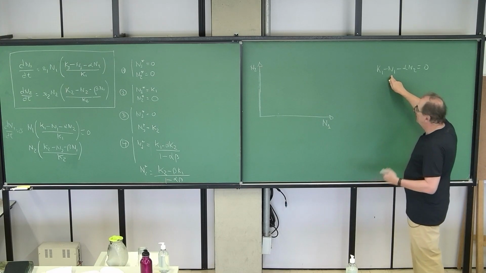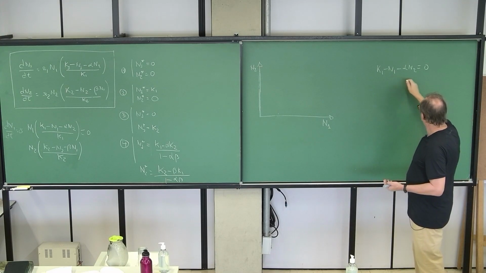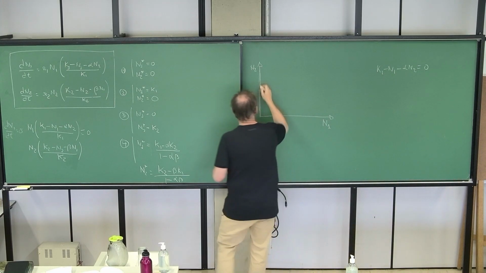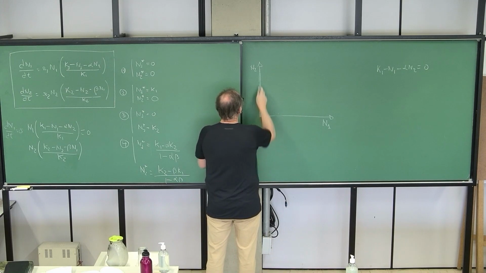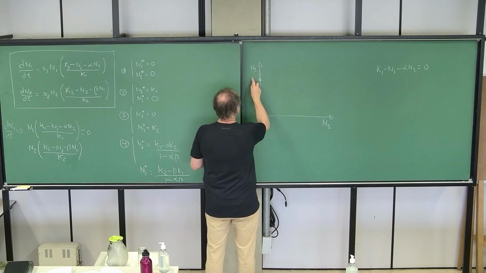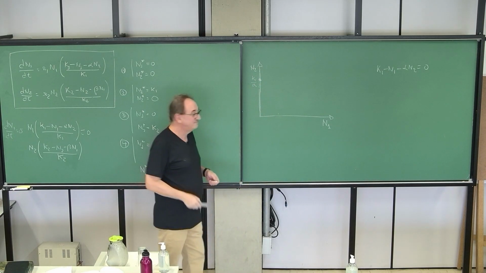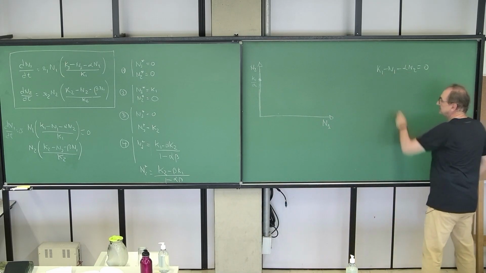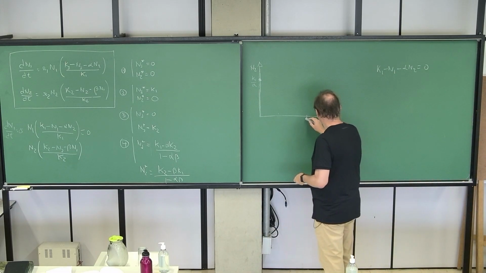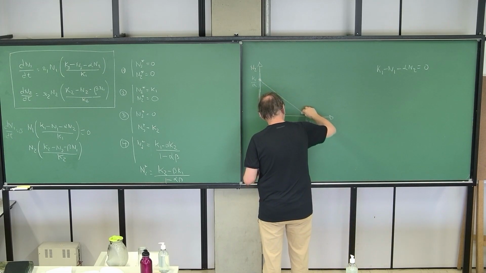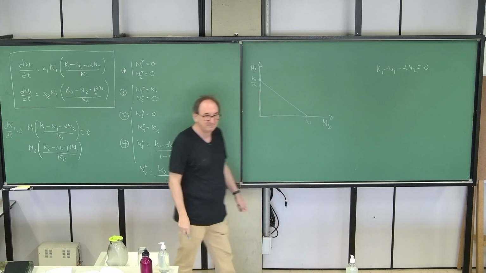If n1 is equal to 0, then n2 will be k1 over alpha. If I take n2 equal to 0, then n1 is equal to k1 here. And that's the straight line.